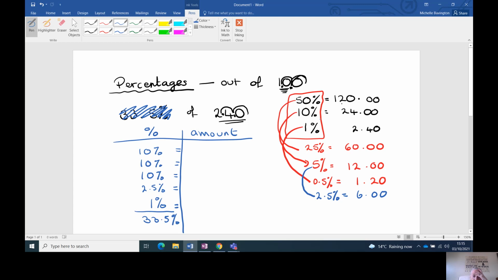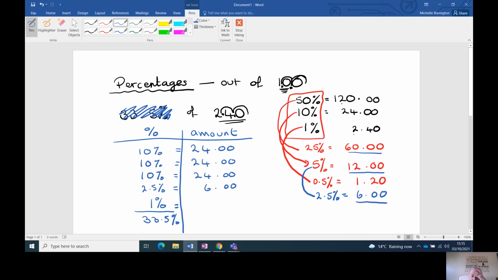Well, 10% we've said is 24. 10% is 24. 10% is 24. 2.5% we've said is 6, because 25% is 60.